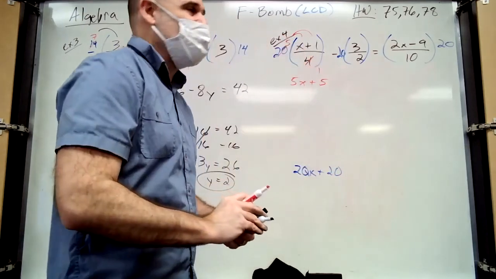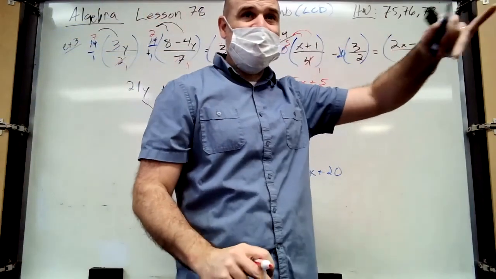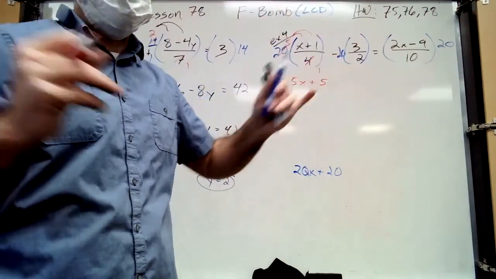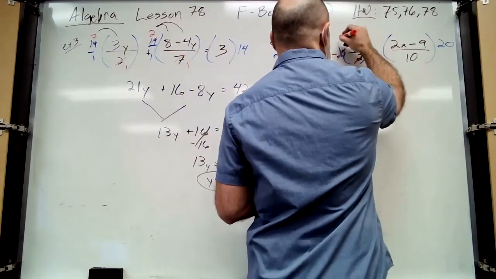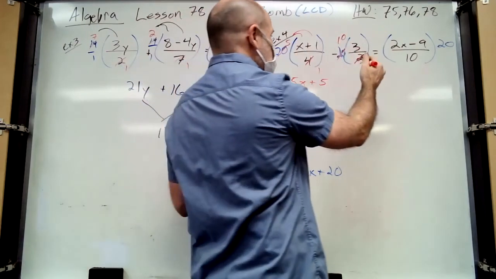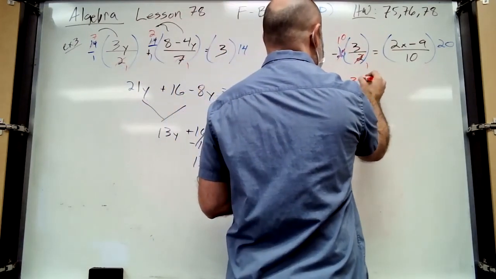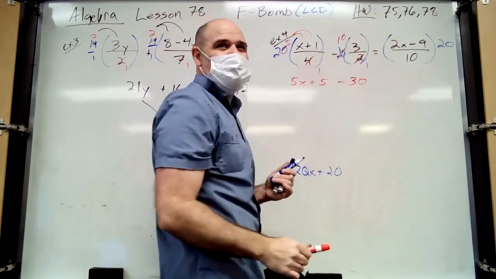So far, so good. So if 80 is the F-bomb, you could just multiply all of them together like Zan did. There's nothing wrong with that. You don't have to do the least common denominator. You just have to do a common denominator. So this cancels to 1 and 10, right? So 10 times 3 is minus 30. But if it was Zan's 80, it would have been 40 times 3.